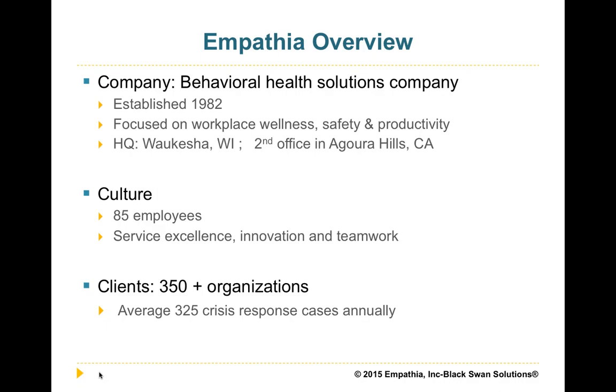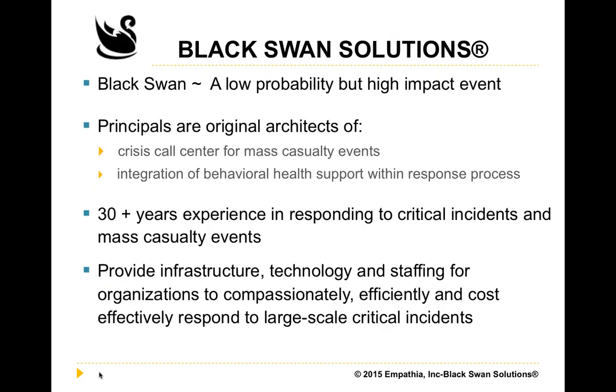Basically, we have been doing the critical incident response work for several years, and among our client companies, we probably average a case a day, where someone within a workplace has maybe died suddenly, or there's been an industrial accident, things of that nature. What we did is we took that experience and expanded upon it, and so we now have a department that's pretty much devoted to large-scale events.